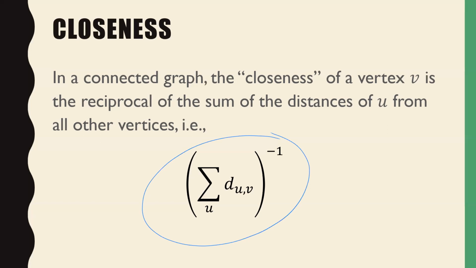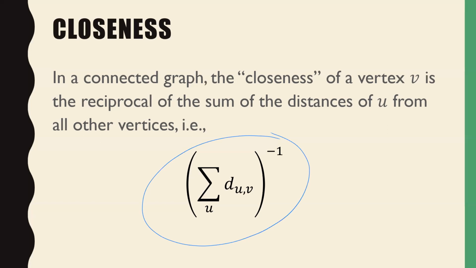So, kung meron kang distance matrix, kunin mo lamang yung reciprocal ng summation ng mga entries dun sa corresponding column ng distance matrix. So basically, this tells us on the average how far, or this is just a multiple of the reciprocal of the average distance of a vertex from all other vertices.